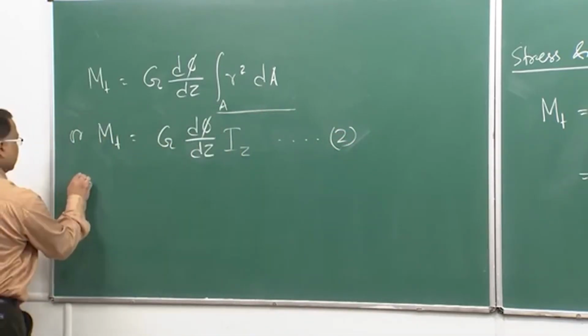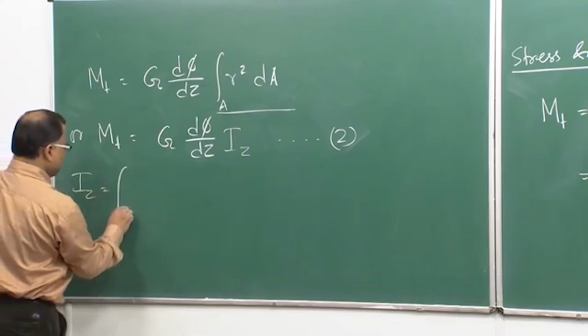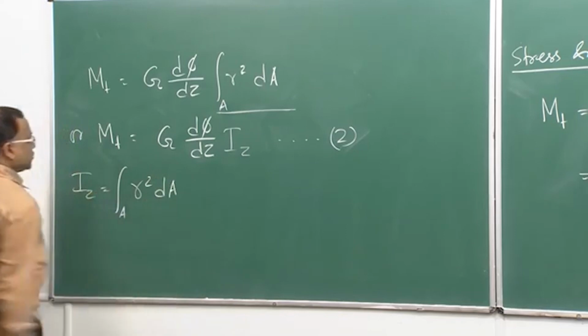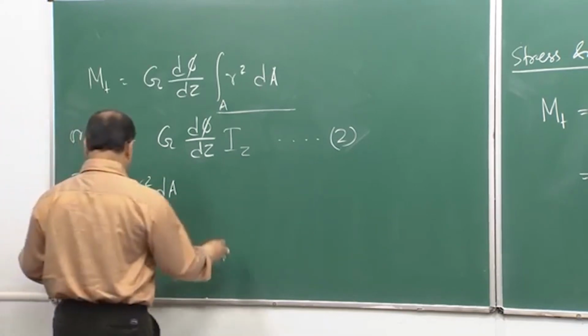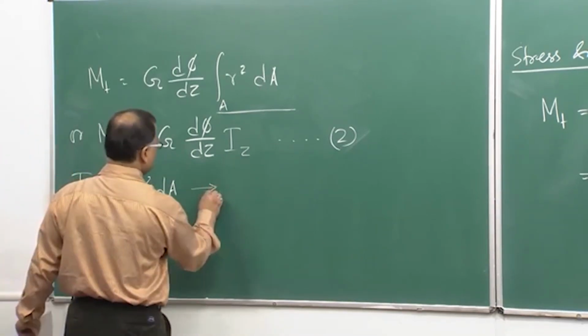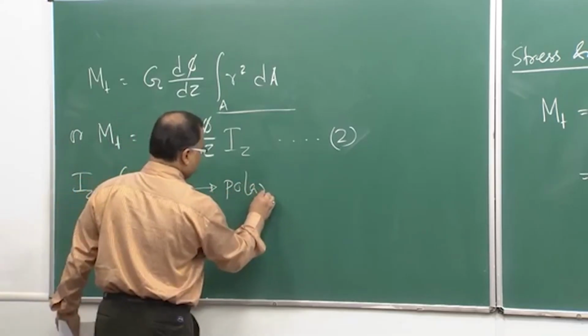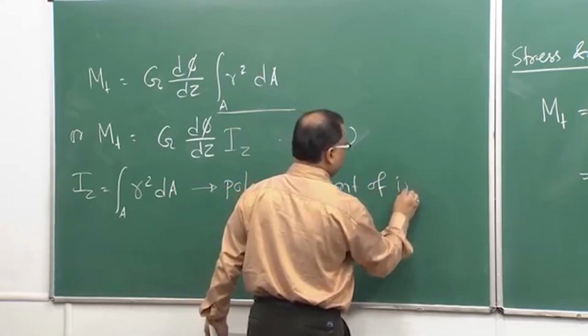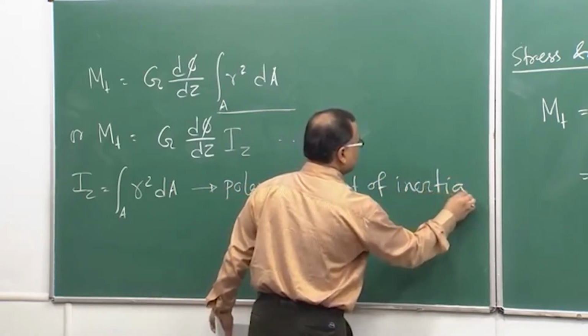So, I z we know is integration r square dA, and that is your polar moment of inertia.